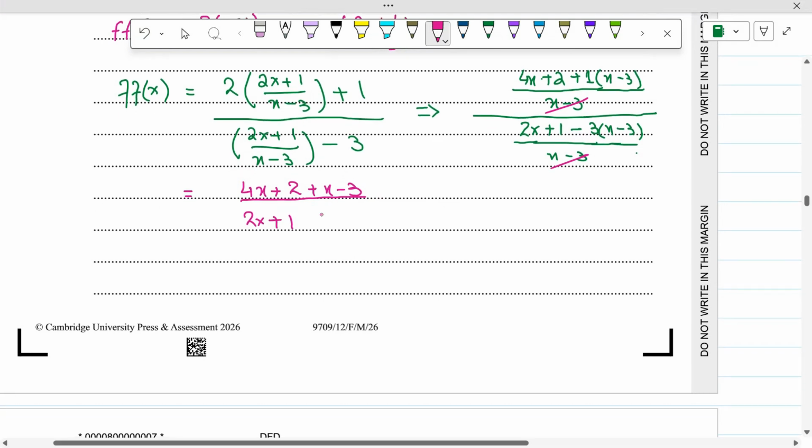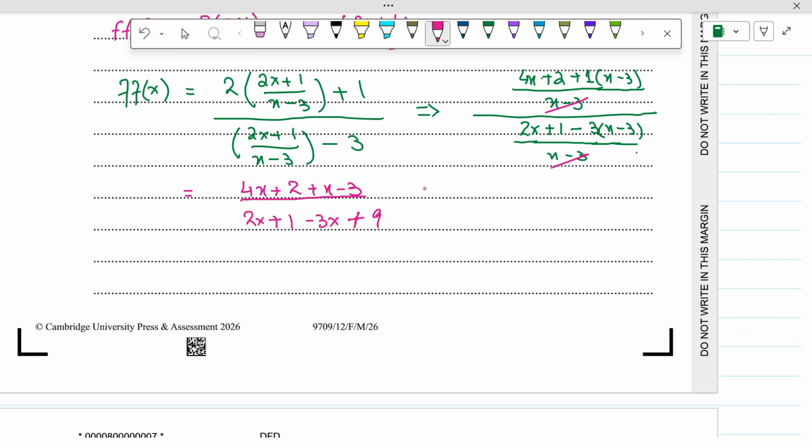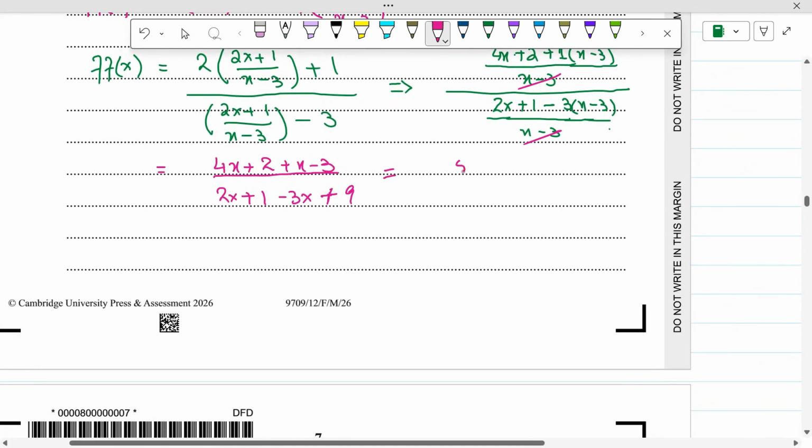Negative 3 times x is negative 3x, and negative 3 times negative 3 is plus 9. So this is equal to (5x minus 1) over (1 plus 9, which is 10, minus x).